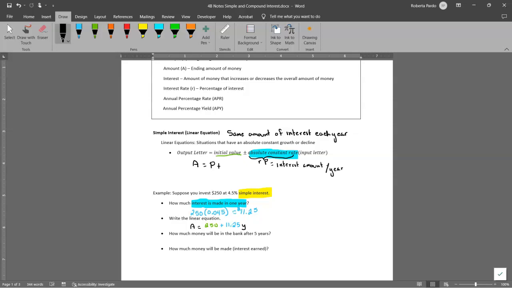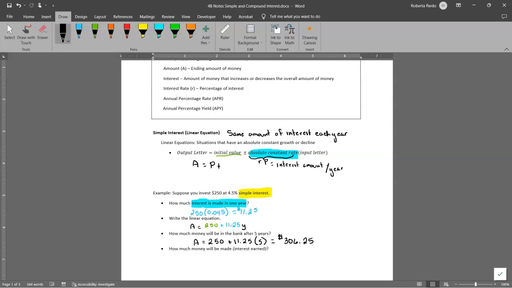We just substitute the Y with a 5. So A equals 250 plus $11.25 times 5 years, and that gives us the amount of money we will have after 5 years, which is $306.25.